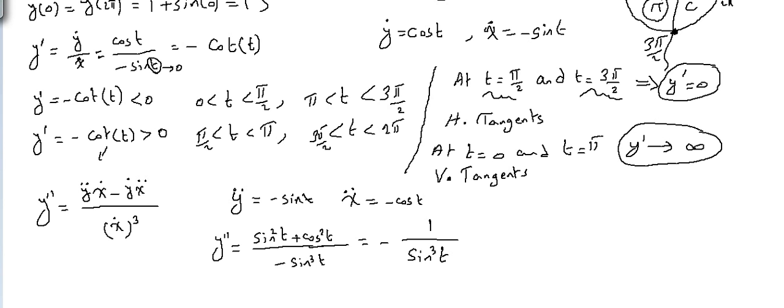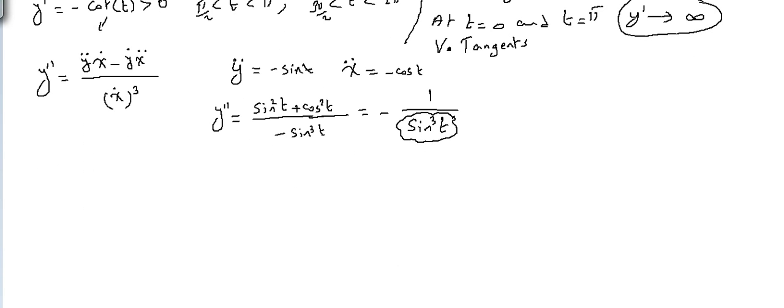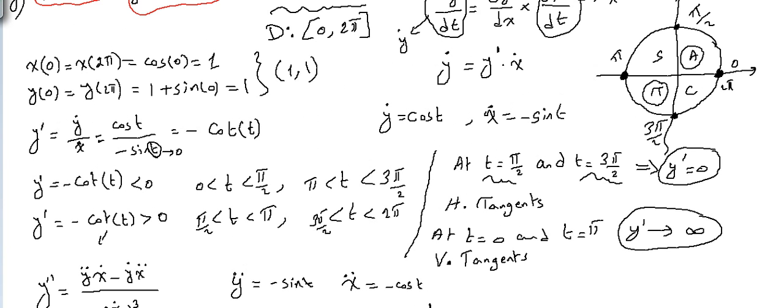Then the sign of this second derivative depends on the sign of sine, because it's to the power 3, right? If t is between pi and 2 pi, in this portion here and in this portion here, the sine is negative, because S is positive and All are positive.